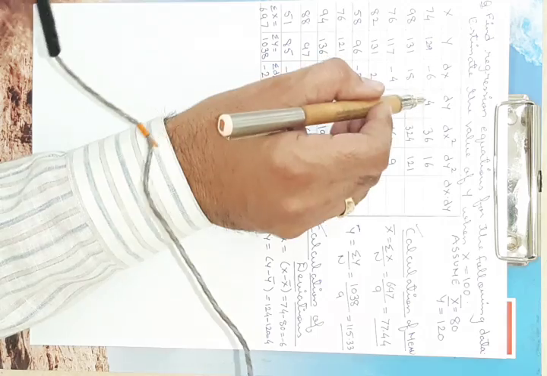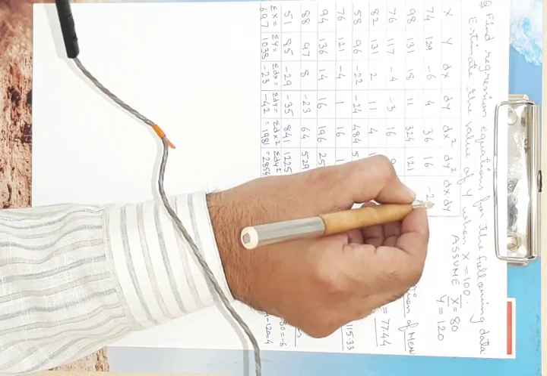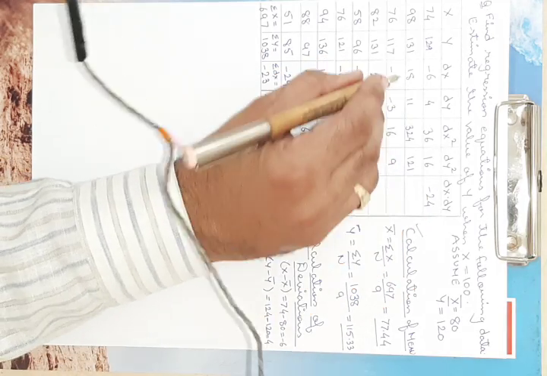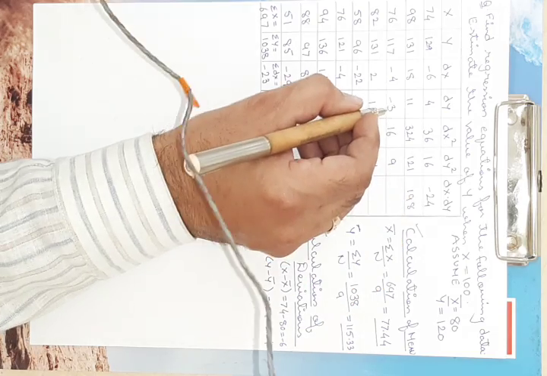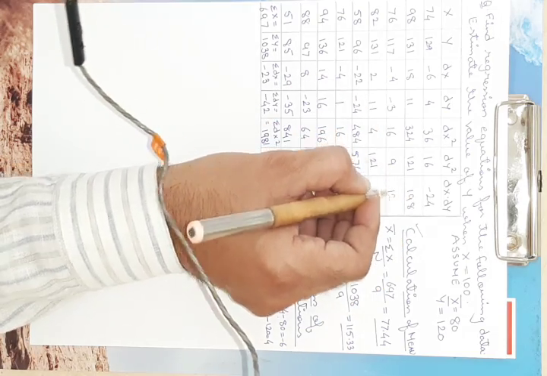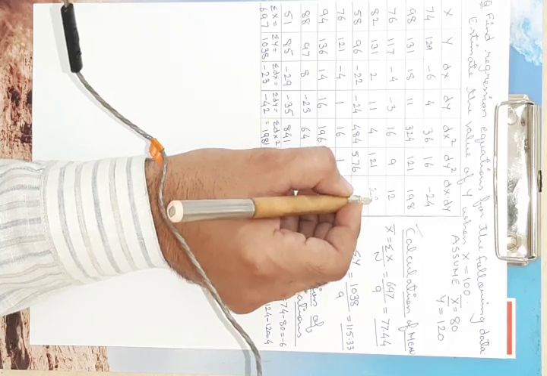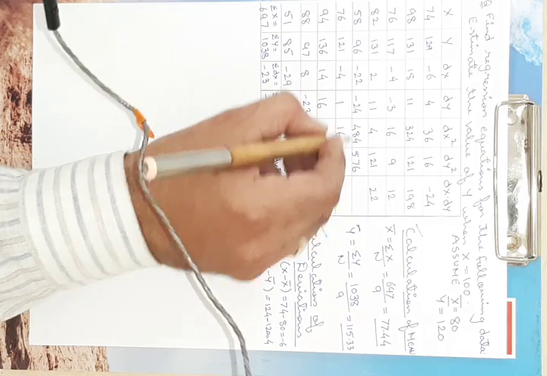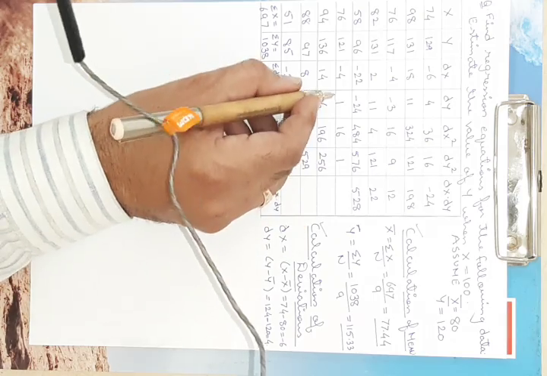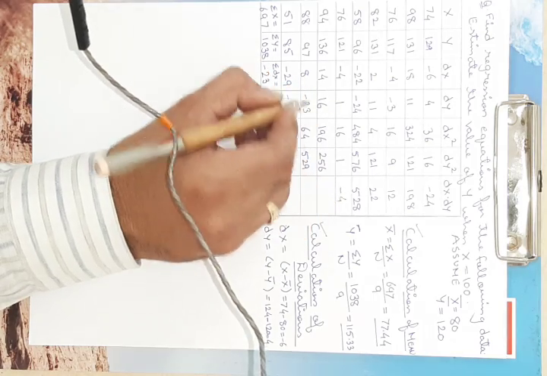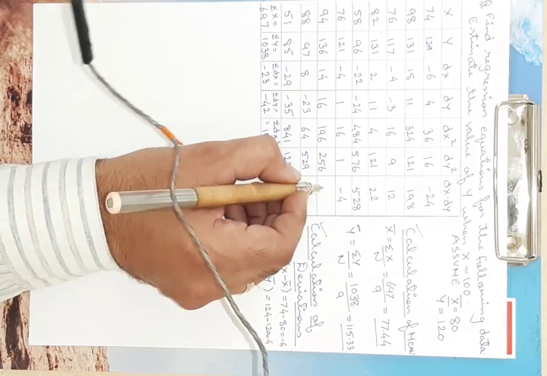Now finally friends, the last column, that is the value of dx into dy. So first value is minus 6 multiplied by 4, which is minus 24. Next 18 multiplied by 11, that is 198. Minus 4 multiplied by minus 3, that is 12. 11 into 2, that is 22. Minus 22 into minus 24, which is 528. Next minus 4 into 1, that is minus 4. 14 multiplied by 16, that is 224.